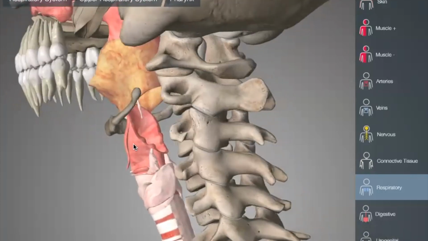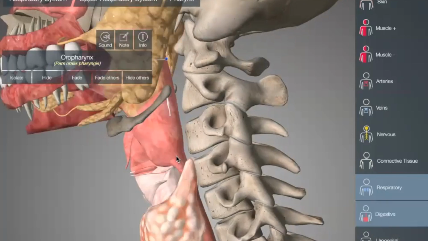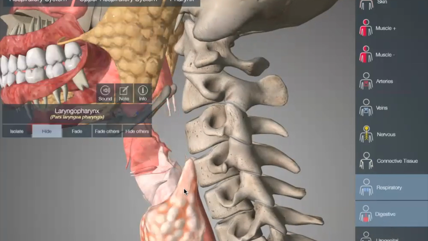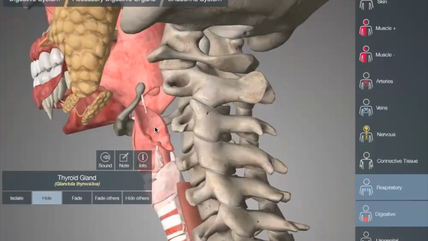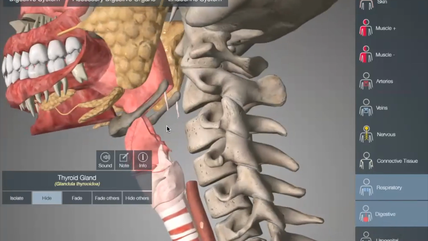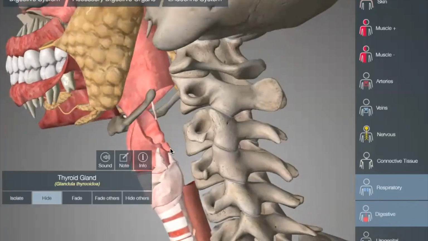Sorry, let me hide this and hide this. If it's air, right? So the air would take the route going to the lungs like this. But if it's food, something called the epiglottis would cover this part, the laryngeal inlet.